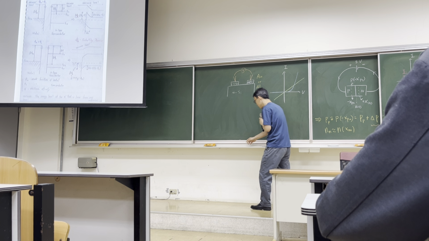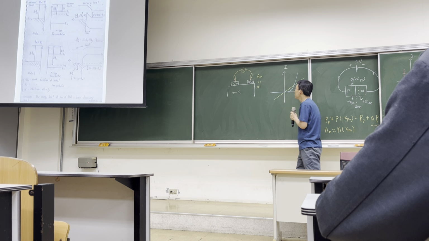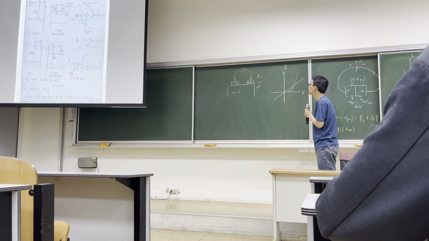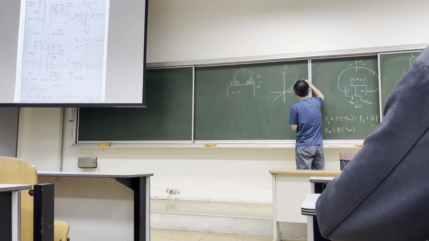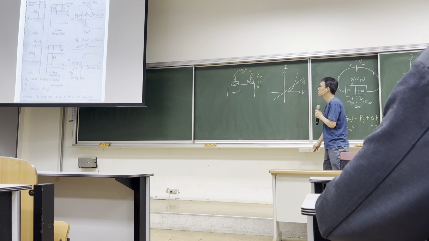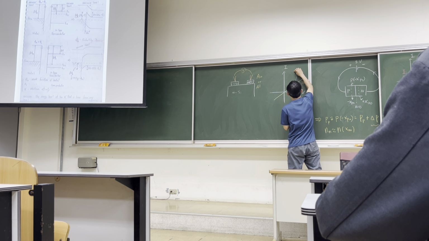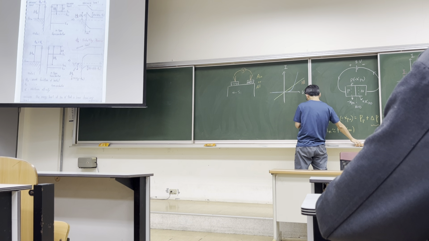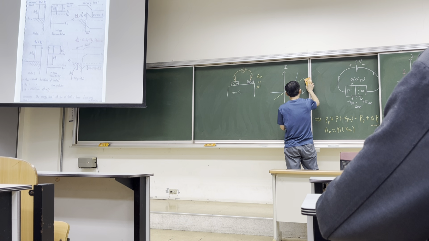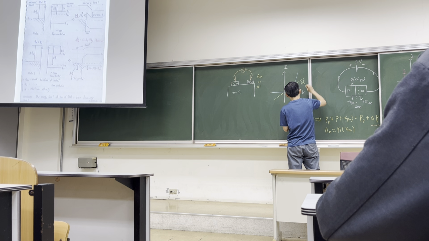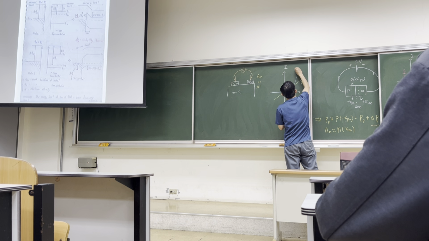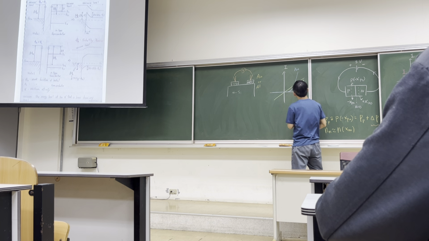Let me think about it. You choose aluminum. And if you choose gold, you will have the blue line. Aluminum gives you the green line. Gold gives you the blue. Okay.